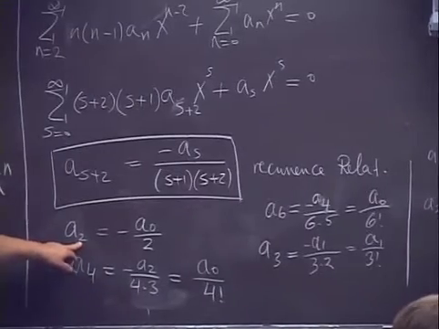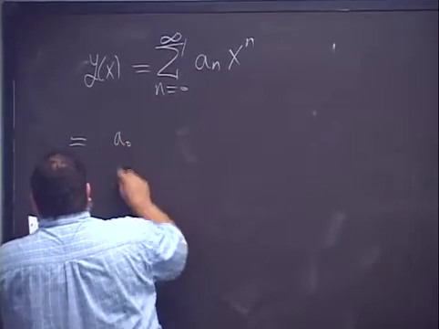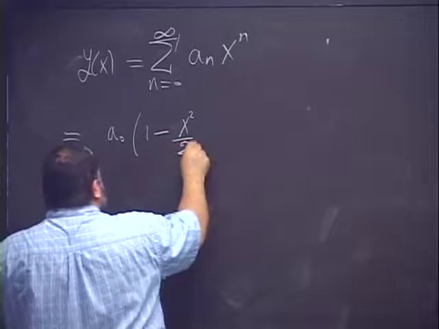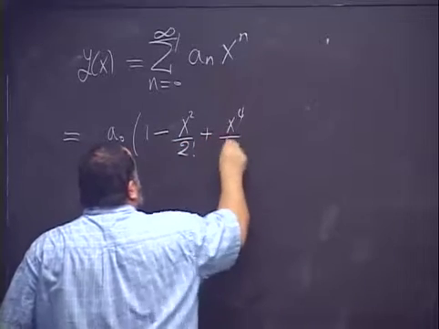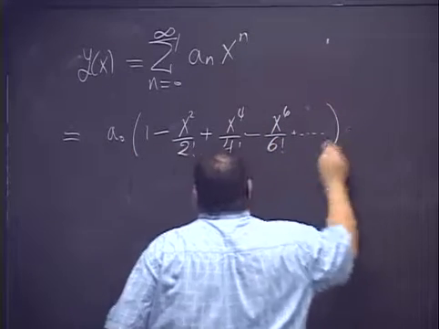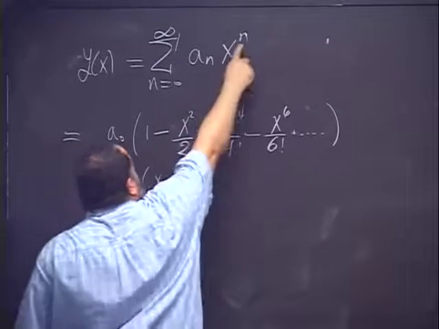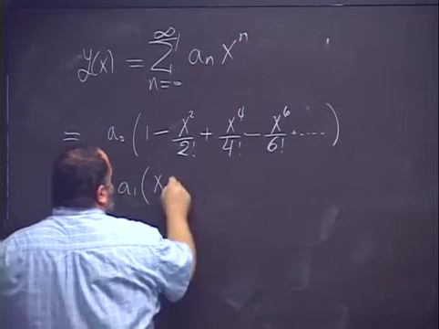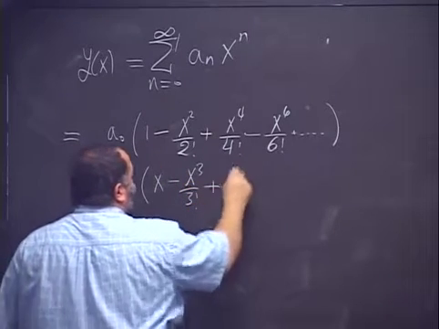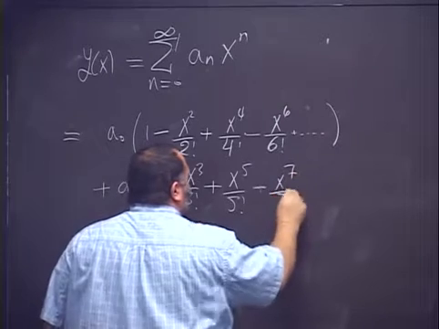Start with 2, yes, but we have A naught multiplied by 1 minus x squared over 2 plus x to the power of 4 over 4 minus x to the power of 6 over 6, and so on, plus A1 multiplied by, if this is 1, this will be 1, so A1 multiplied by x minus x cubed divided by factorial of 3 plus x to the power of 5 divided by factorial of 5 minus x to the power of 7 over factorial of 7 and so on.